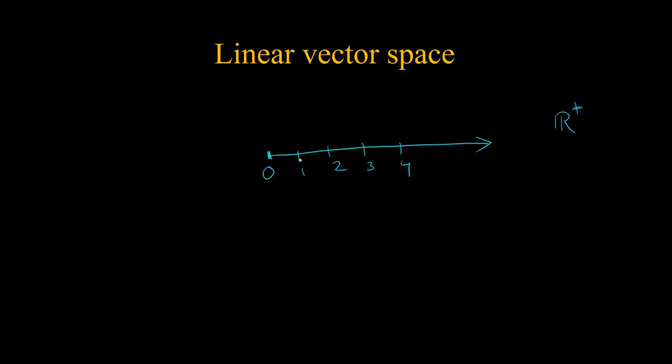So now is it a linear vector space? Does it follow this property? If psi belongs to V and phi belongs to V, it means psi plus phi must belong to V. If I take 4 and 1, 4 plus 1 is 5. So it follows. If I take 5 here, 5 plus 4, 9 will be there.